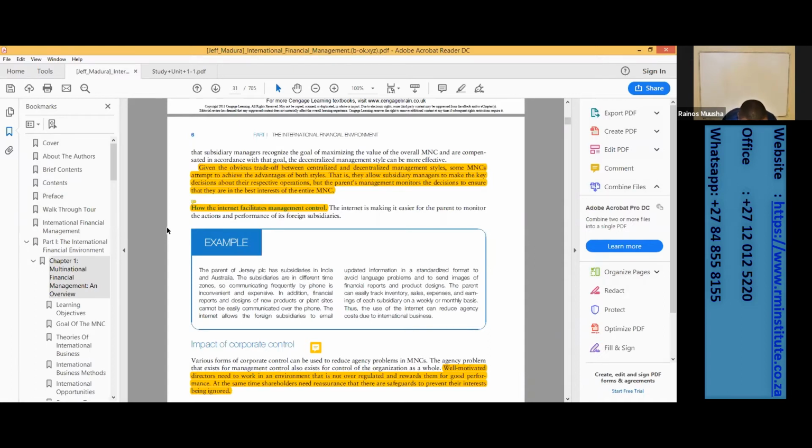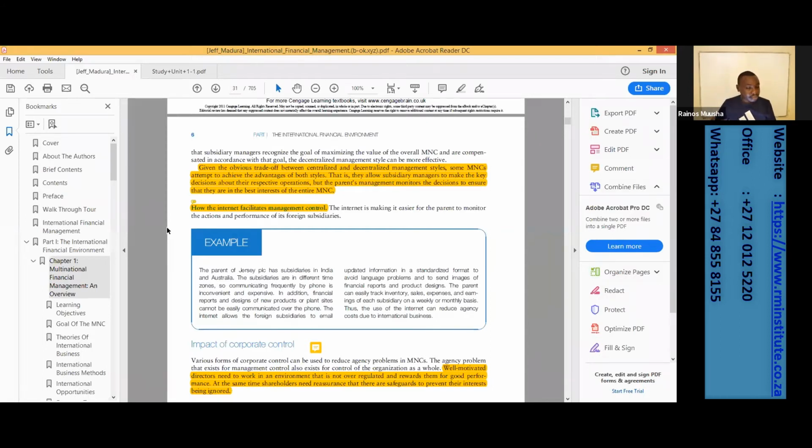So next, we look at how the internet facilitates management control. Like what I was saying, because of the growth in the internet, the easier access to it, and the faster speeds we're seeing in internet communication, multinational companies are able to have meetings where, for example, they'll have a Zoom meeting with people from different countries and different time zones, which means they will have to agree on a time that is best suited to everyone.